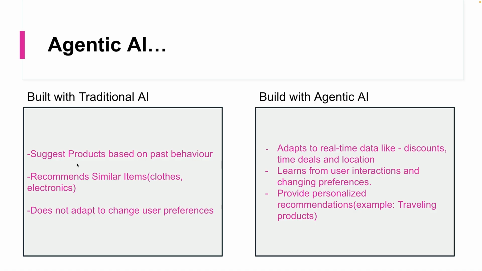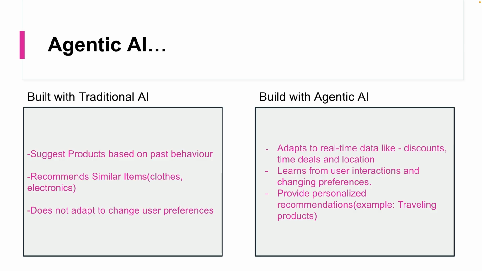That's why it suggests products based on past behavior, and recommends similar items like clothes or electronics. I'll give you a very realistic example. Imagine you have been buying clothes from a specific brand for a while, and the system might keep recommending similar shirts or jackets from the same brand.